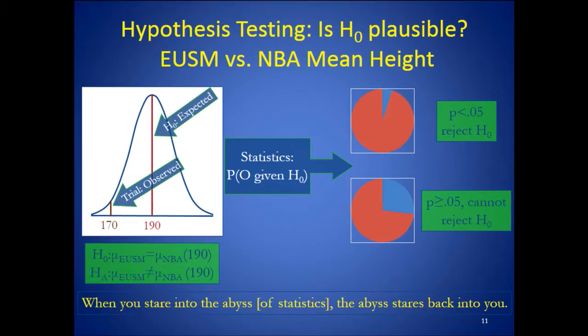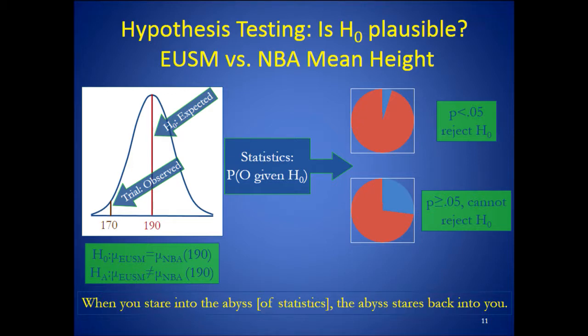And I'm going to go through the same example that I think Mike had with heights. Thank you. We did not coordinate this, but anyway, what we're going to do is compare the heights of first-year medical students at Emory to the heights of NBA basketball players. So our null hypothesis would be that the mean height of medical students at Emory in their first year is the same as the mean height of NBA basketball players.